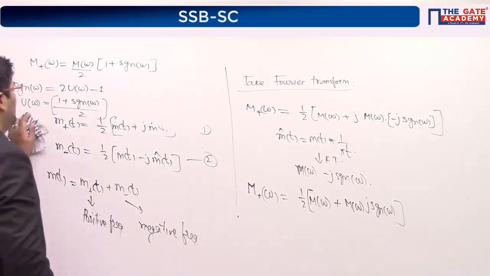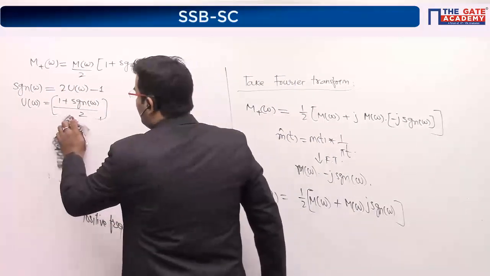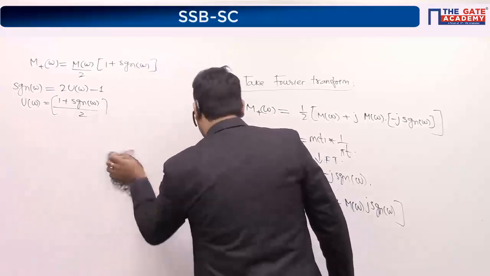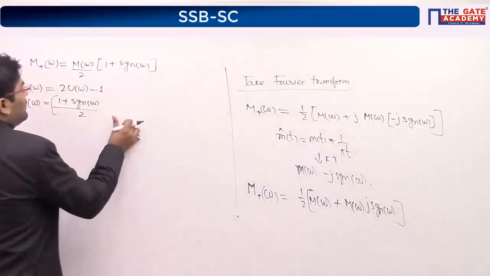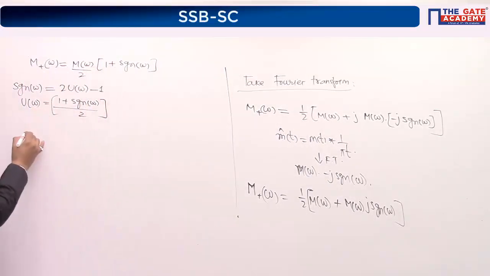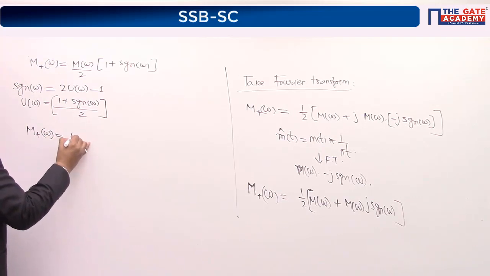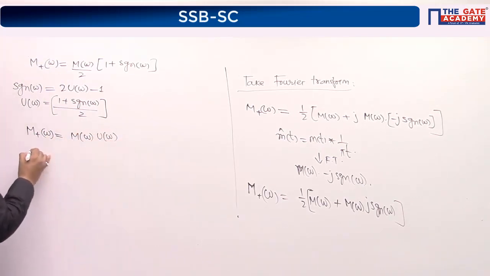Clear? So using this result that u of omega is equal to this, we can write m plus omega equal to m omega u omega.